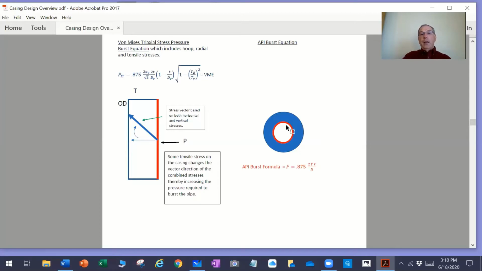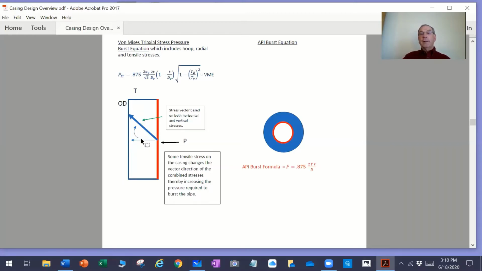Now, the von Mises equation takes into account hoop stress, radial stress, and axial stress, and it changes the direction. So the radial stress would be in the direction from the inside of the pipe towards the outside of the pipe. But if you put a little bit of tension in the pipe, it changes this vector.